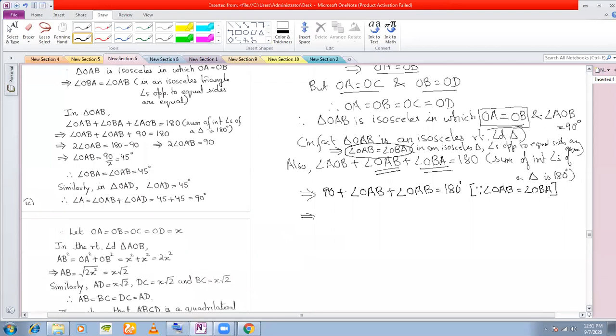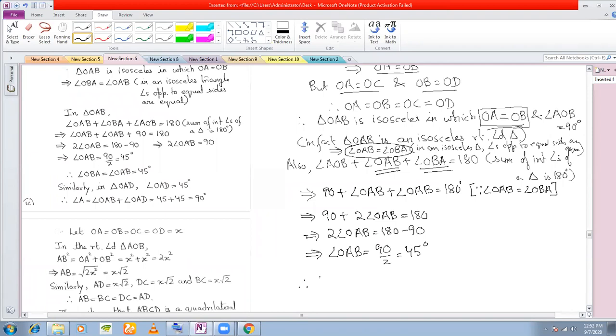So this is 90 plus twice angle OAB is equal to 180 degree. That means twice angle OAB is 180 minus 90. That means angle OAB is 90 by 2, which is 45 degree.